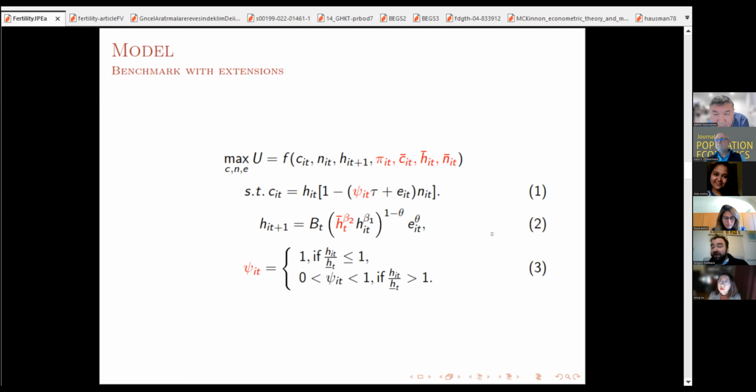But at the micro level, I was wondering if you could say more about how this really affects the fertility decision. Why are these externalities so important to explain this non-monotonic pattern and the fertility rebound? Because that's not obvious from a micro perspective. I don't know if you could elaborate a bit more on that.